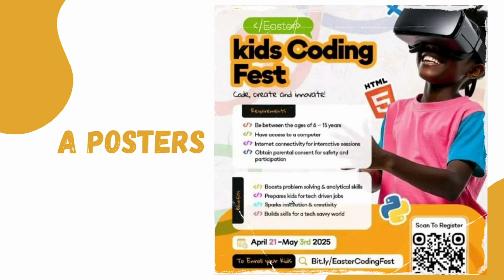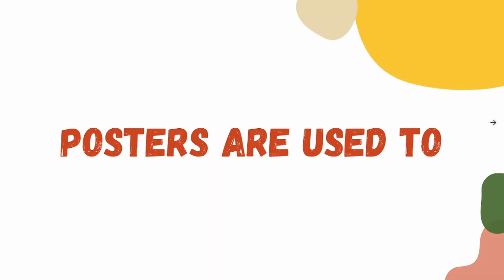Do you understand? When you are designing a flyer or a poster, you should be able to convey a message. When people read or see your poster, they should be able to get the information that you want to pass across.